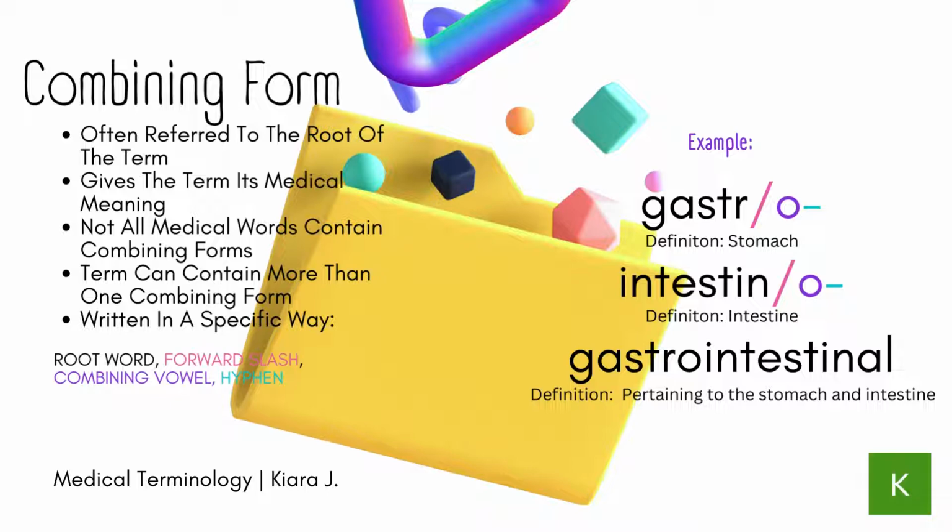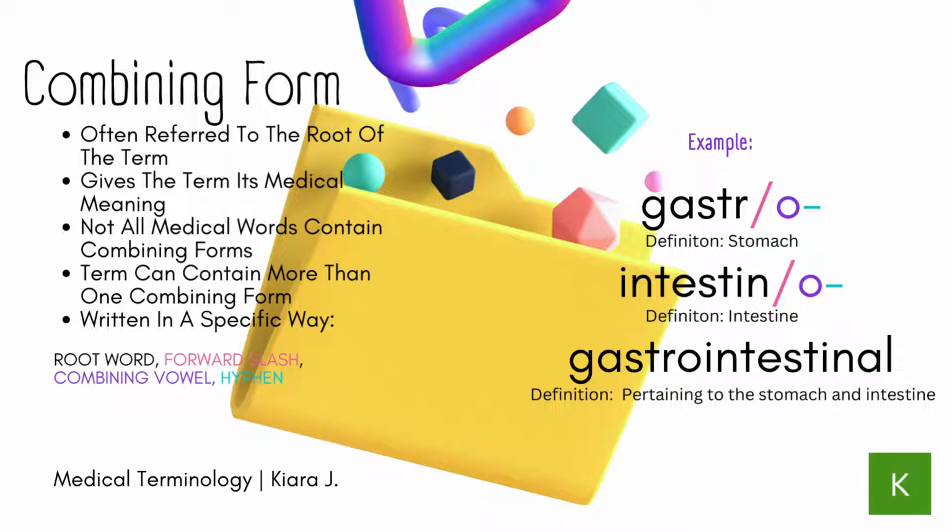Okay, so with a combining form, you also can have two combining forms in one word. Now, when you are writing your combining form outside of the full medical term, you have to write it in a specific way. You have your root word, a forward slash, and then a combining vowel, followed by a hyphen.